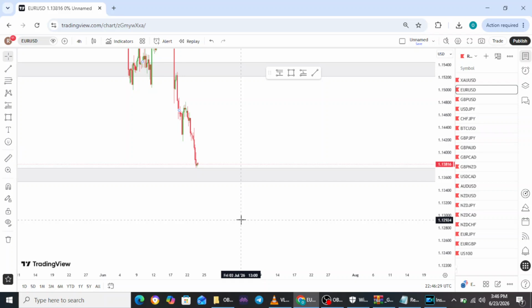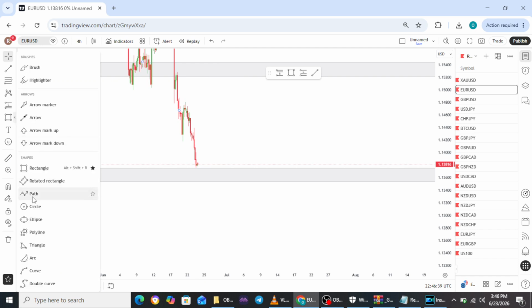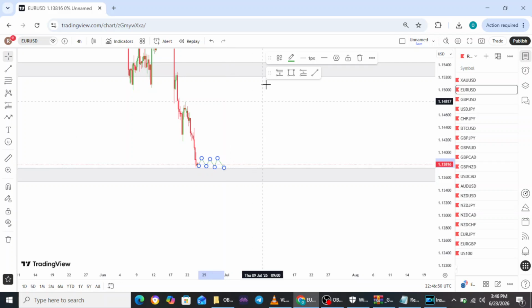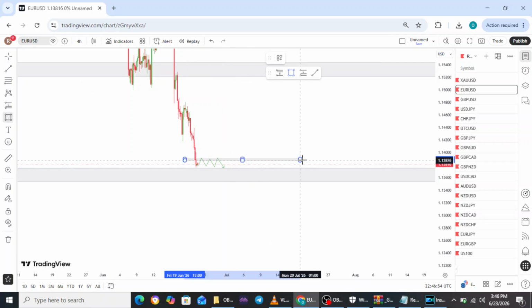Now, what I will recommend you do for today, wait for a level of consolidation. Let me give you an instance. Wait for a level of consolidation. Let's say something like this. Let the market just consolidate for some time. Then wait for the break from that consolidation.